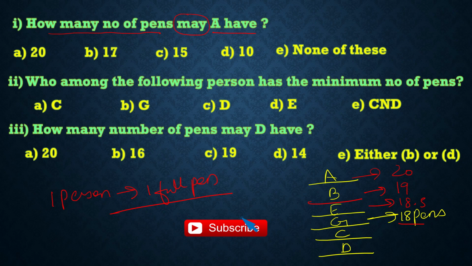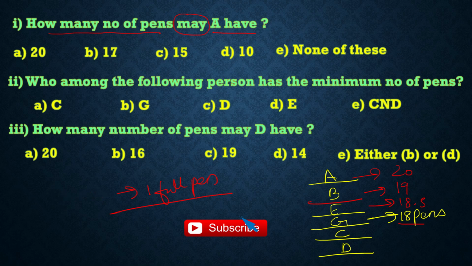Pen cannot be broken and given. If pen is already broken, it will be no longer a pen. So in the question they have said each person is having this pens. So pen cannot be broken. It cannot be made into half. If it is made into half, it is no longer a pen.